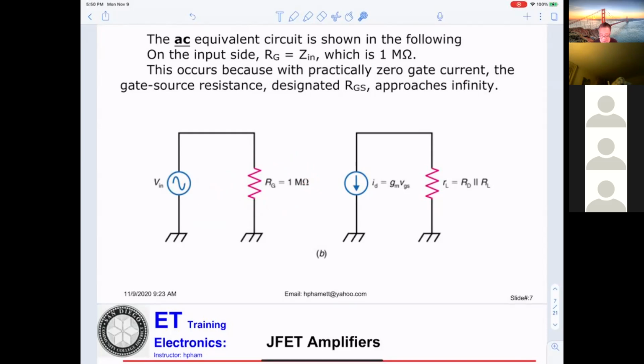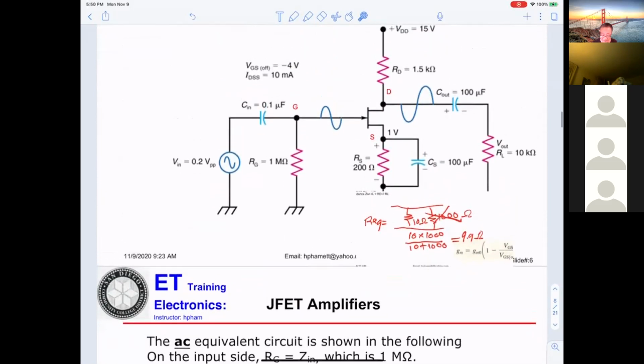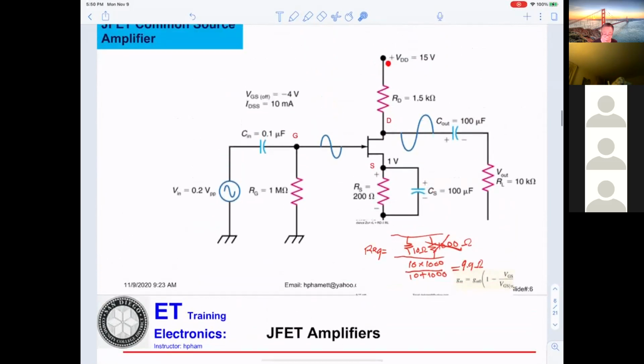For the output resistance, looking at the circuitry here, this is short to ground, and this is also ground. So the output impedance will be RD parallel with RL. Almost the same as on the bipolar.